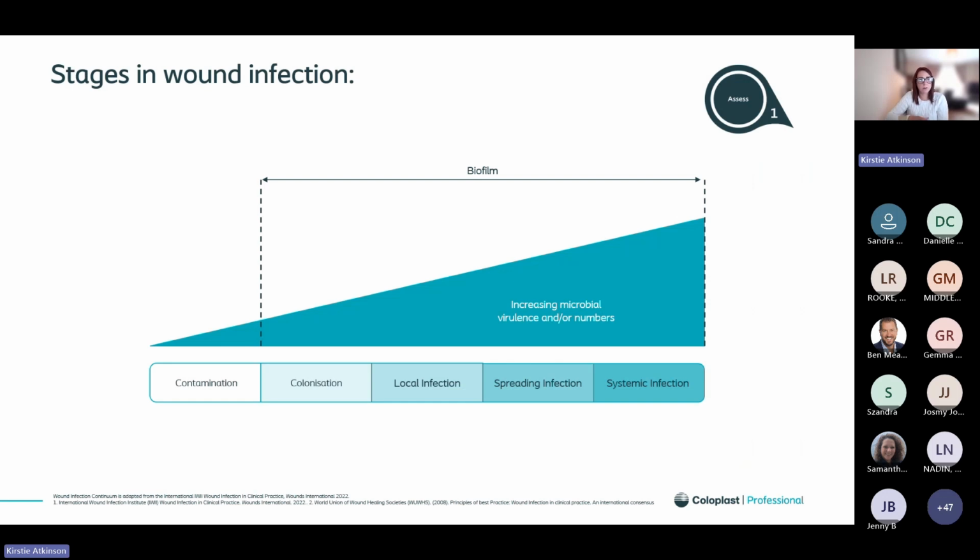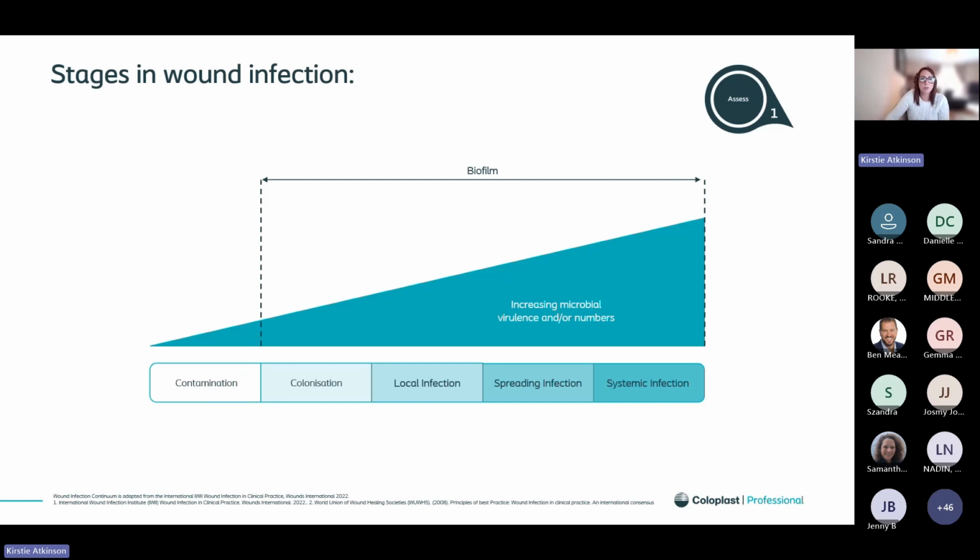As you can see on the screen, it's split into 5 sections. The blue triangle is the increase in microorganisms that are in the wound bed at any stage. It moves from contamination through to systemic infection, and the amount of microorganisms in the wound gets bigger and bigger.